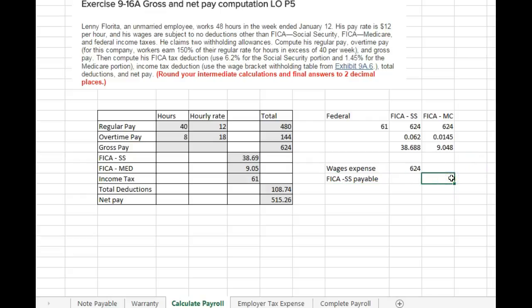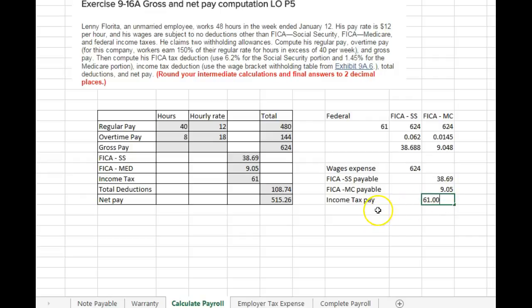For $38.69, you've got FICA Medicare payable for $9.05. You have income tax payable for $61.